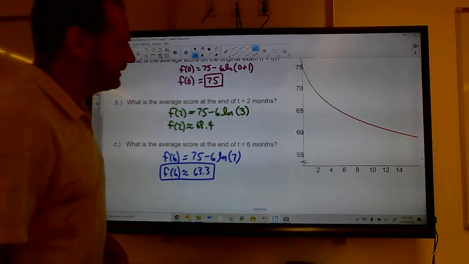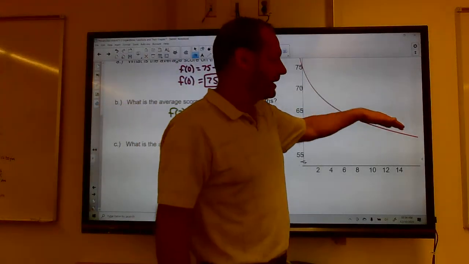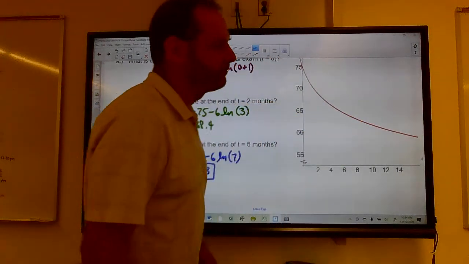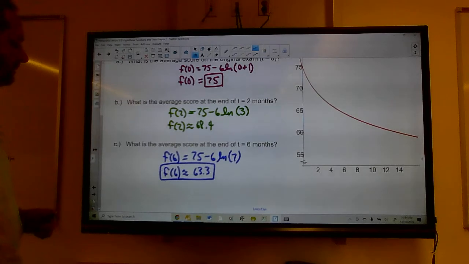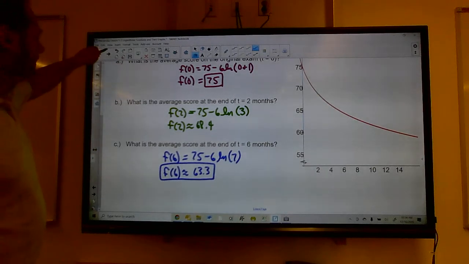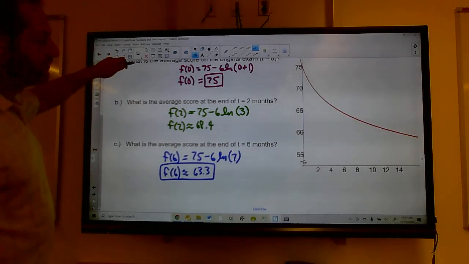And you never really stop forgetting stuff, but over time it kind of flattens out. There's a certain amount of material that you'll keep remembering.